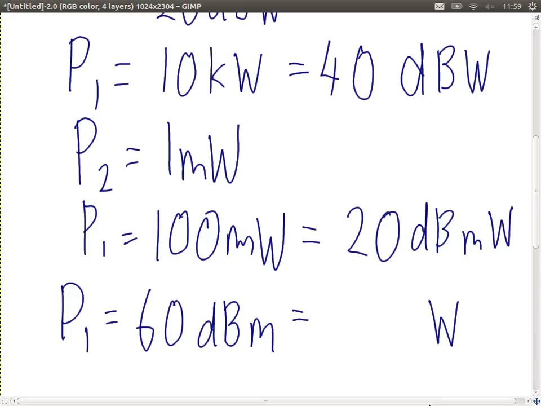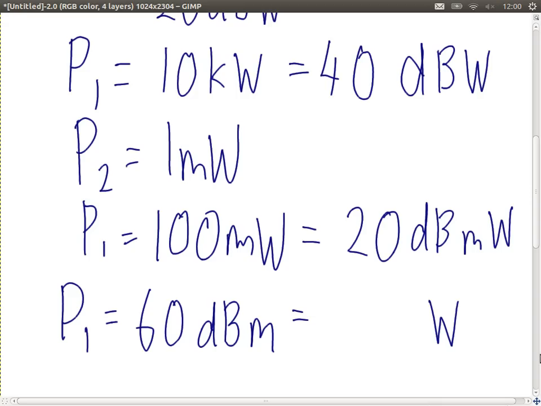That's how we interpret that. 60 dB relative to 1 milliwatt. 60 dB is a factor of 1 million because log of 1 million is 6, times 10 is 60. So what is 1 million times larger than 1 milliwatt in watts is 1,000 watts, because there are 1,000 milliwatts in 1 watt, and therefore 1 million milliwatts in 1,000 watts.